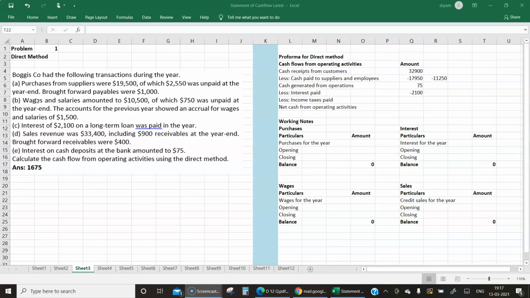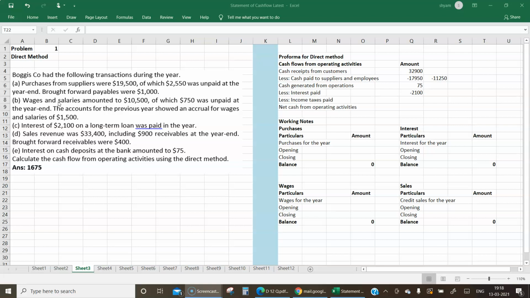So the total purchases has been this amount, and there was an unpaid amount, which I think is still unpaid in the closing. Brought forward payables were 1,000, which is from the previous year, which was unpaid.